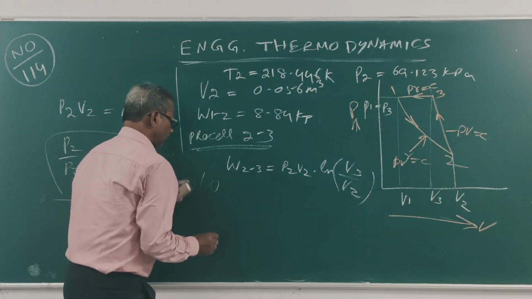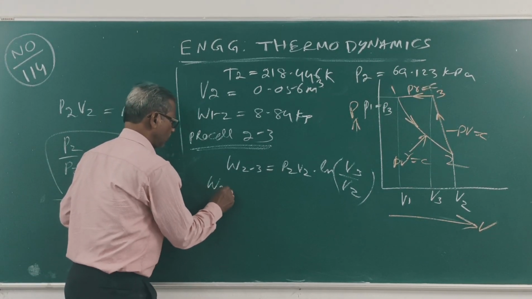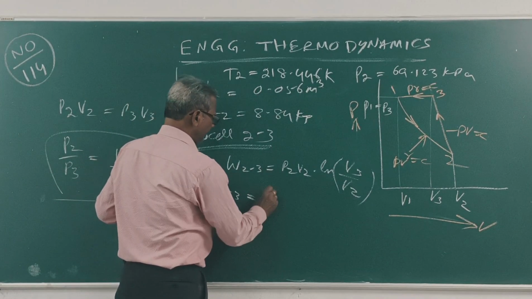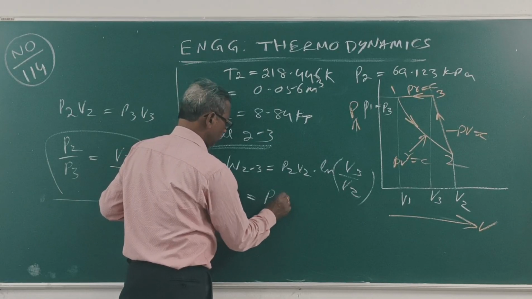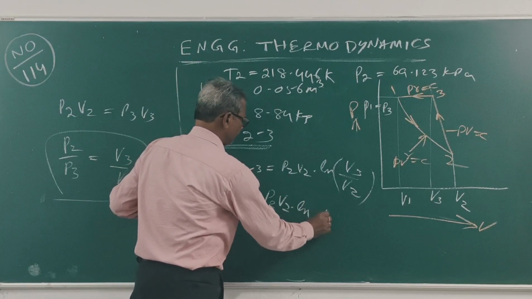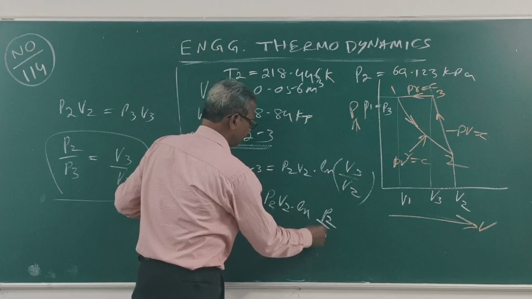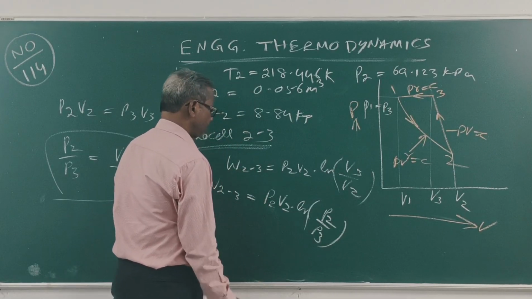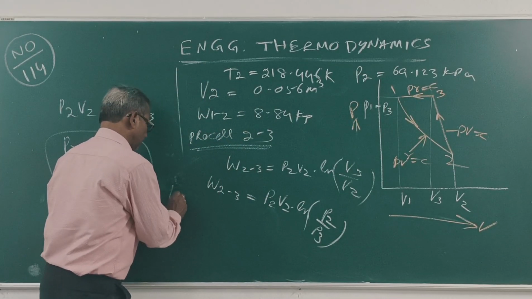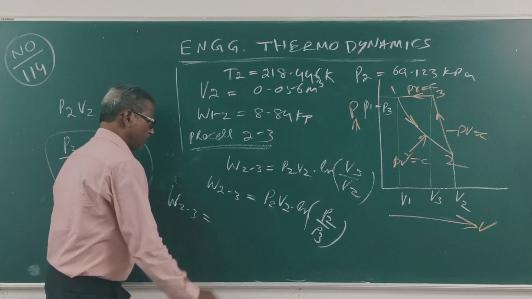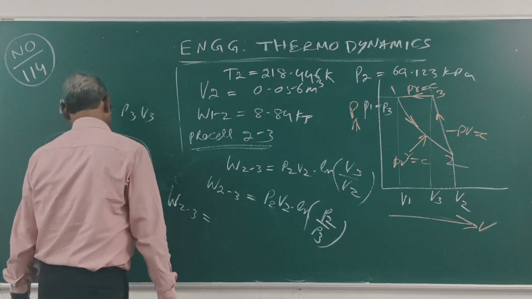So W23 is equal to P2 V2 ln P2 by P3. Clear? So W23 is equal to P2 V2. What is P2?